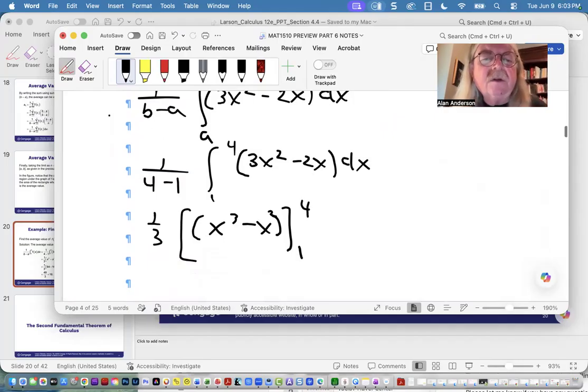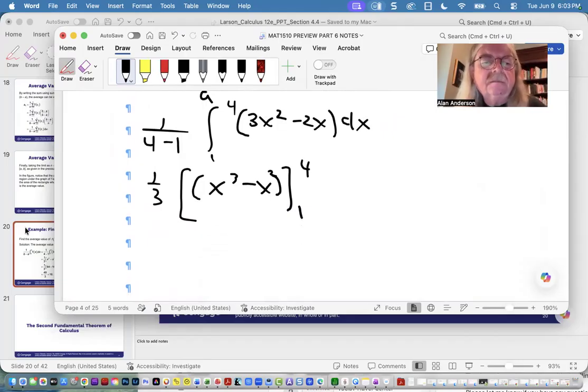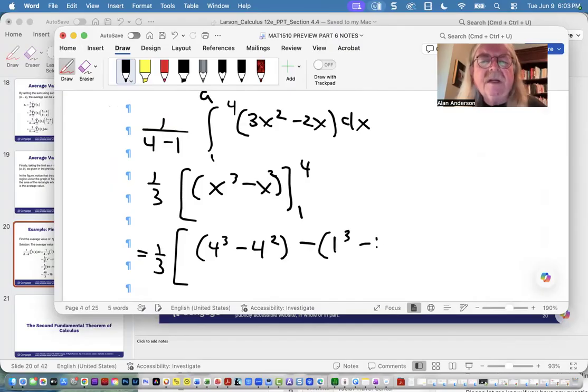And so, as we saw earlier, 4 cubed minus 4 squared, and then from that, we subtract 1 cubed minus 1 squared.